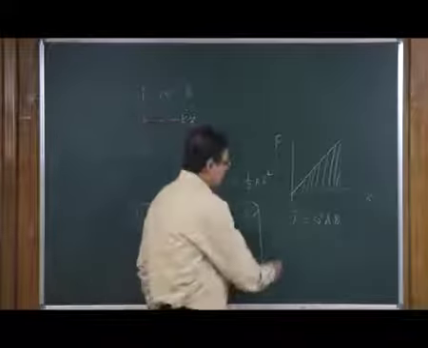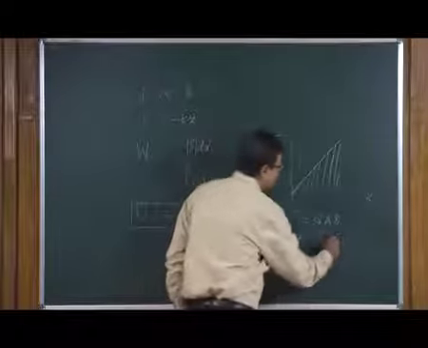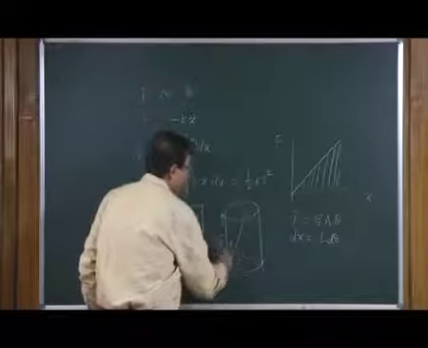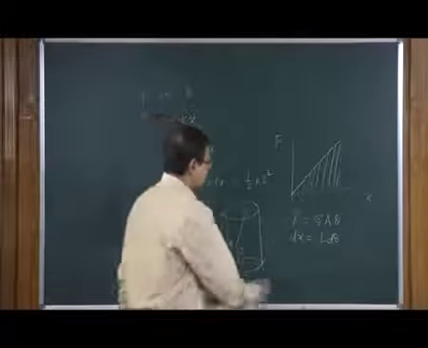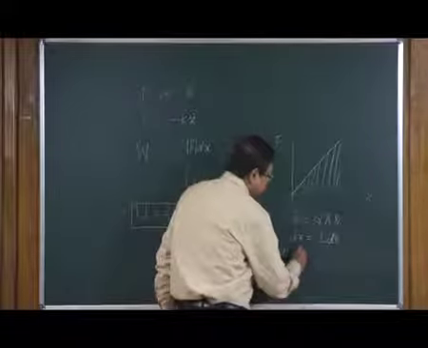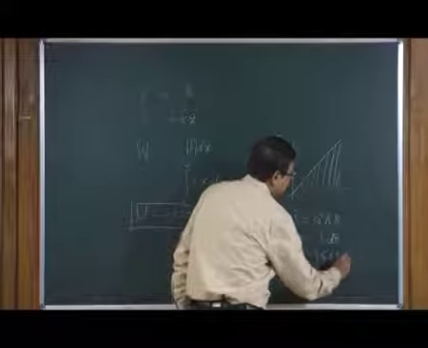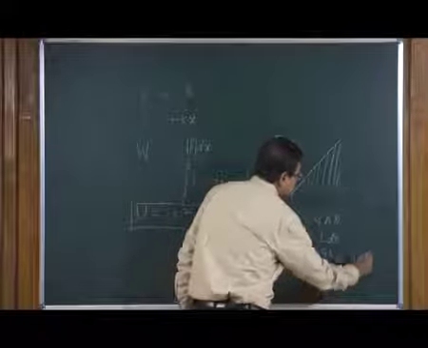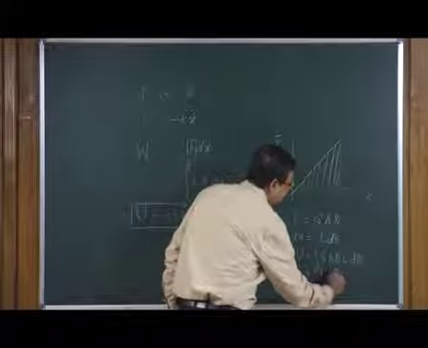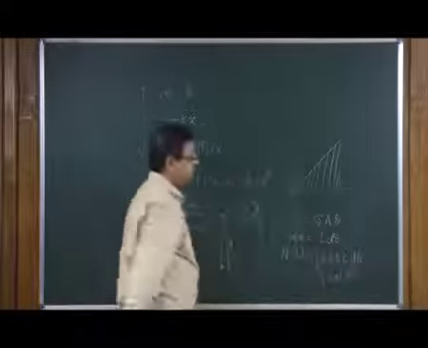So, again your dx will be equal to L d theta, where L is the length of the cylinder or height of the cylinder. So, again the work done or the potential energy stored is given by the integral of G A theta times L d theta, which will be written as half G A L theta square.